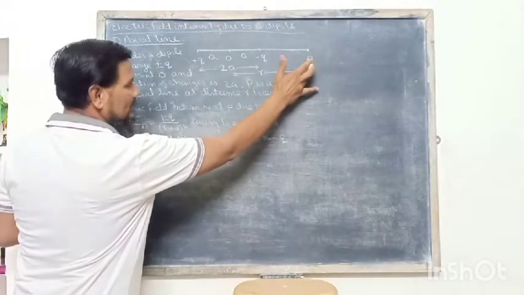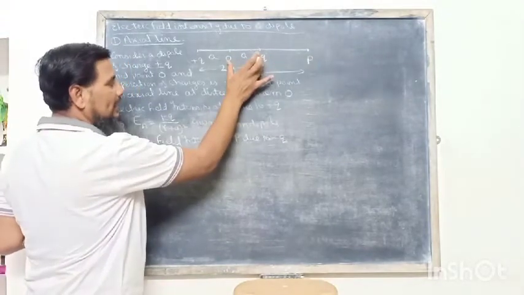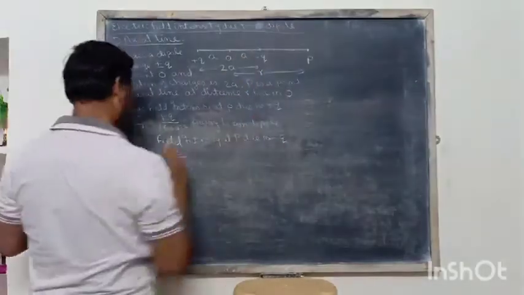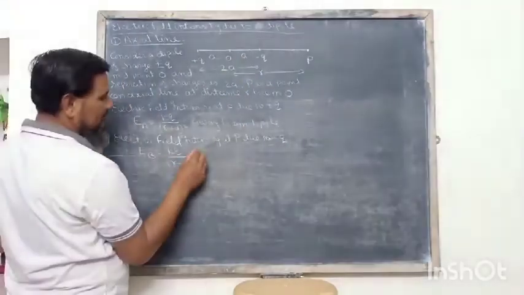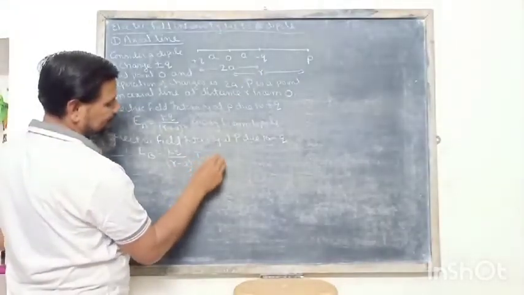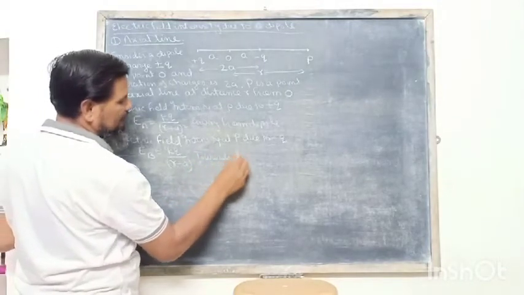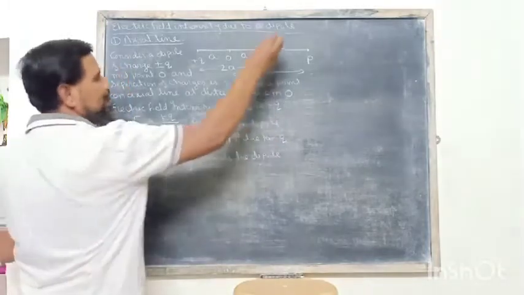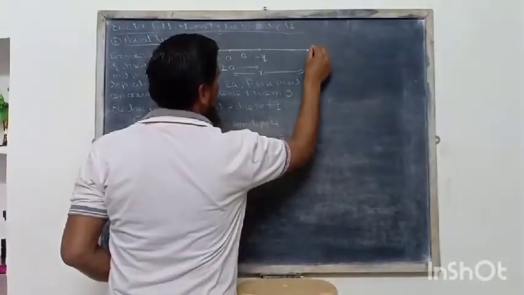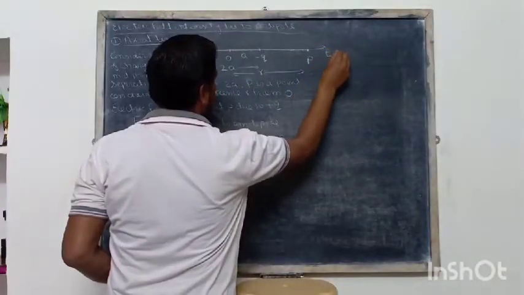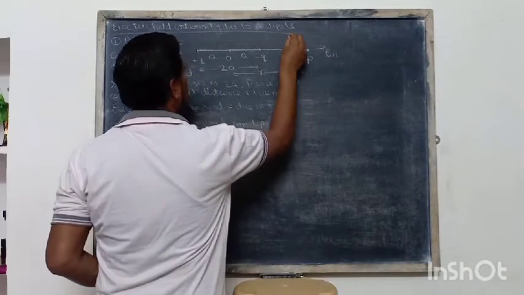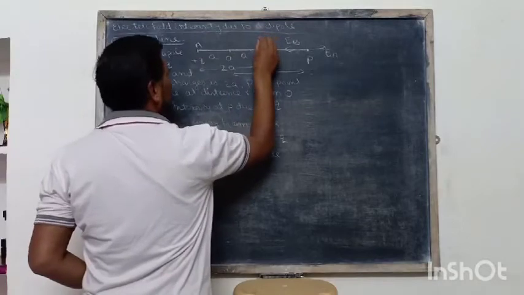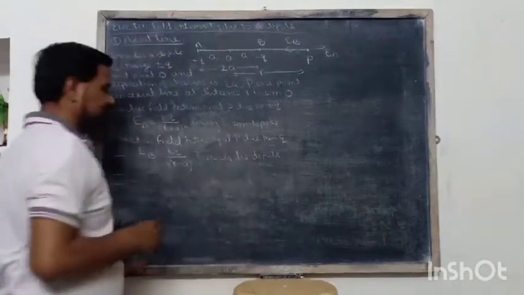This is the total distance r, and this is A. It is subtracted, so this distance will be r minus A, and the direction will be towards the dipole. This direction is EA, and this direction is EB. We consider this is point A and this is point B.